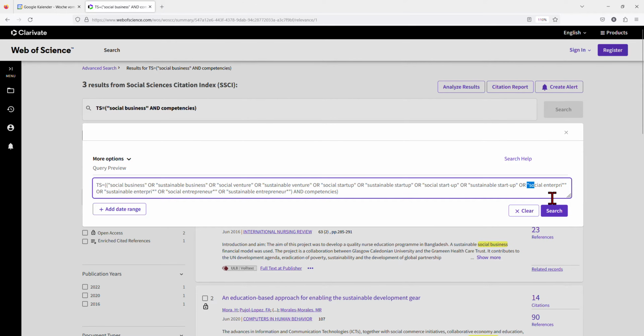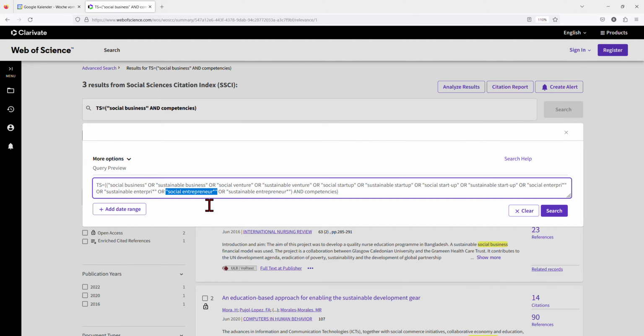And also you see here I used social enterprises, and I used here the asterisk. I do use this because I would like to search for everything that is social enterprise and then whatever is coming. So enterprise with a Z and with an S, depending whether you have American or British English, so that you can cover both. Or, for example, here for the social entrepreneur as well, so that we can find social entrepreneurs, but also social entrepreneurship, for example.